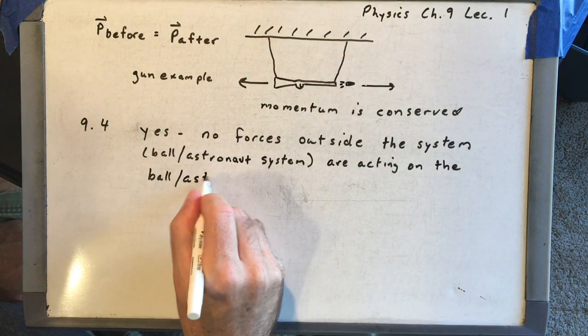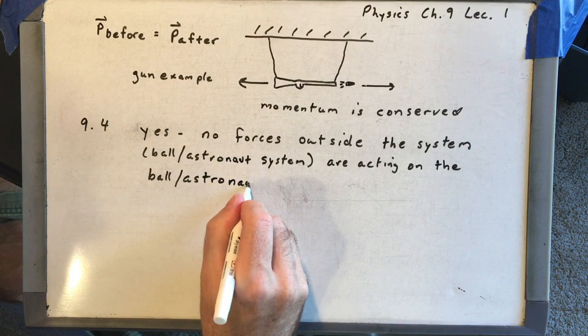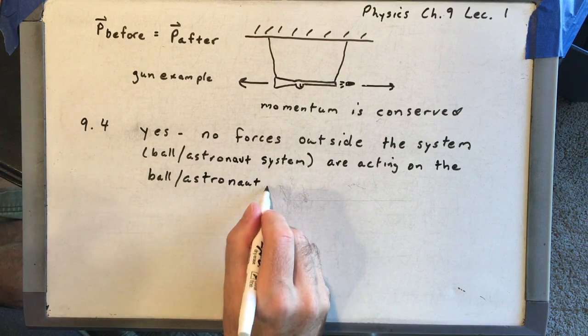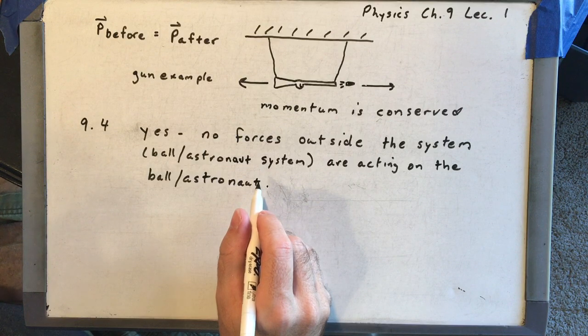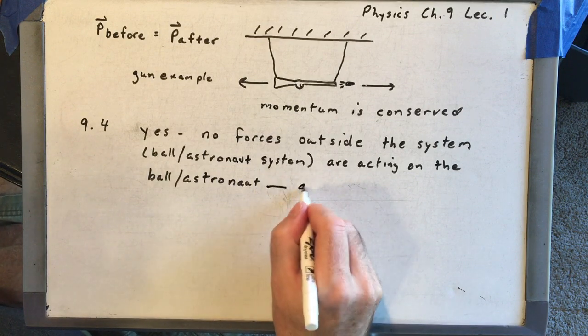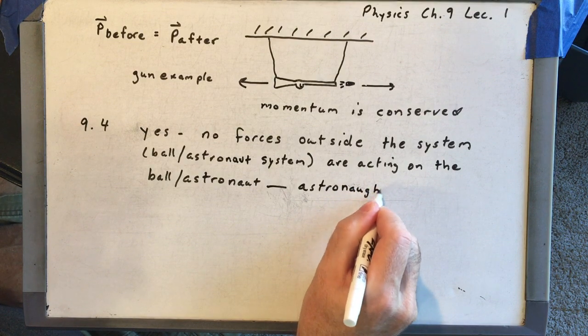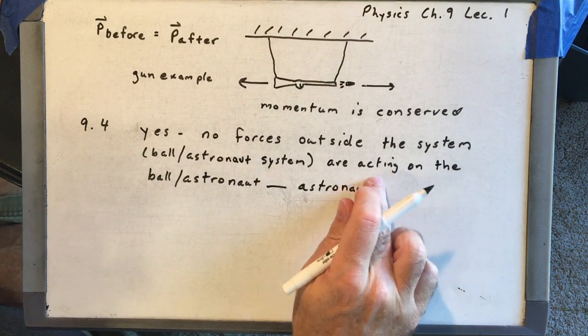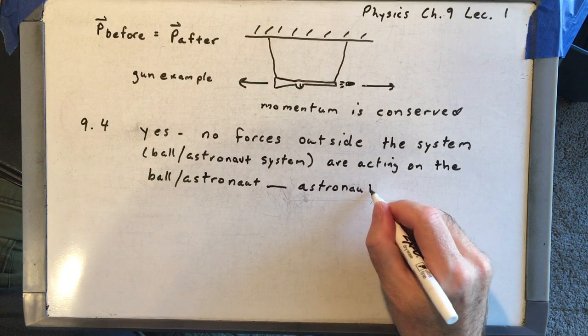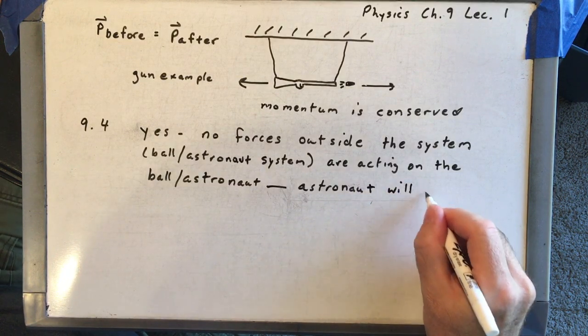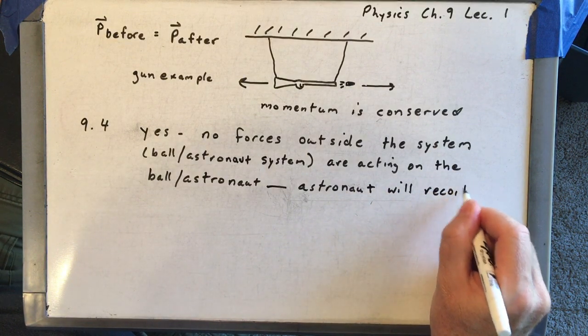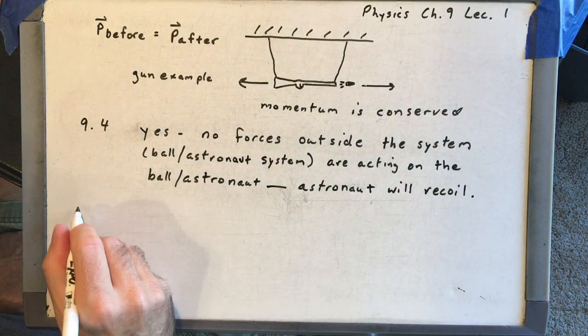Seems kind of redundant, sorry. There's no outside forces. So what that means is the astronaut will recoil. He'll go the opposite direction of the ball.